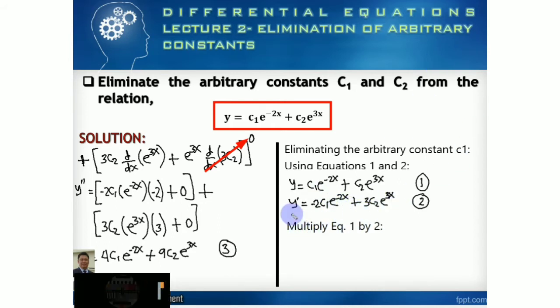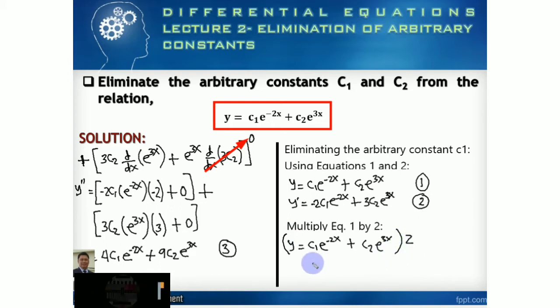So equation 1 will then be 2 times y. We are going to erase this one first. So from here, this is our equation 1. y is equal to C1 e raised to the negative 2x plus C2 times e raised to the power of 3x. We are going to multiply this one by 2.